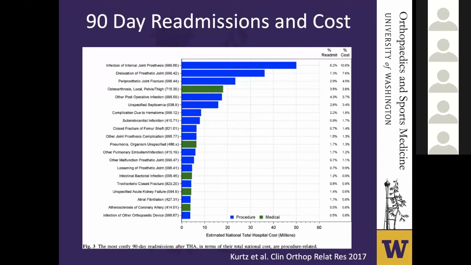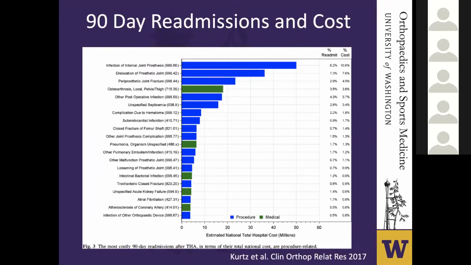As our payers continue to investigate quality metrics, they are increasingly looking at 30 and 90-day readmissions as a cause for increased cost, especially after total joint arthroplasty, which has become such a highly performed procedure.